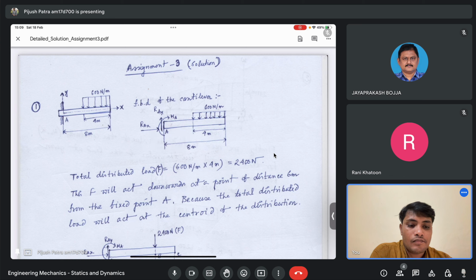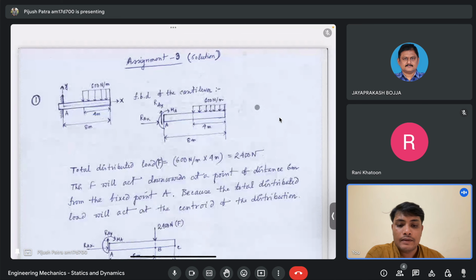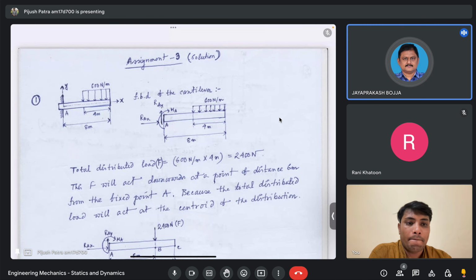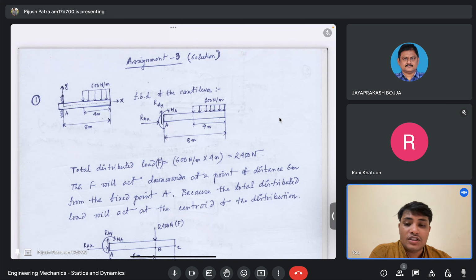Anyone? Okay. Hello. Am I audible? Yes, sir. Oh, so are you able to see the screen now, the diagram and the writing, everything? Yes, sir. Okay, great.